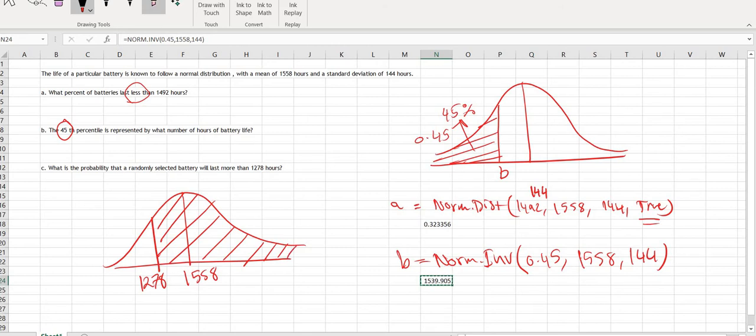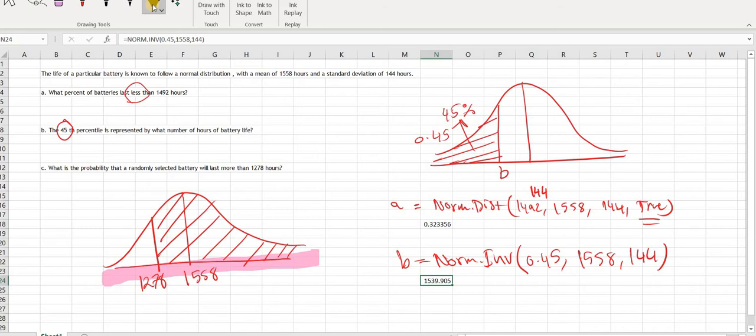I can't emphasize enough that the numbers at the bottom are a number line. Numbers are small here, and then they start getting bigger as we move to the right. The numbers at the bottom represent the battery lives in hours.